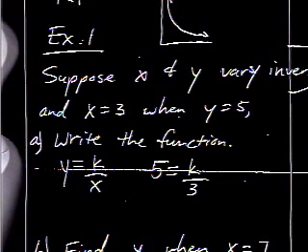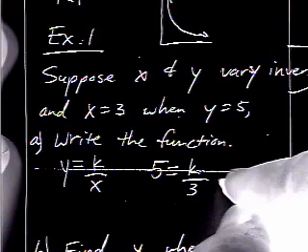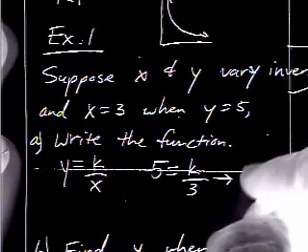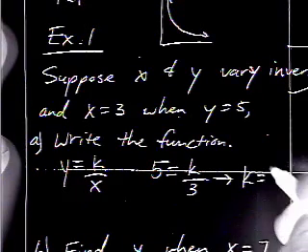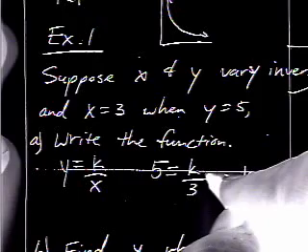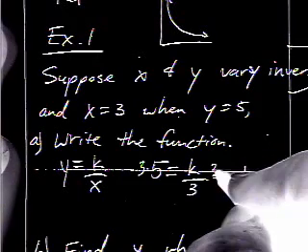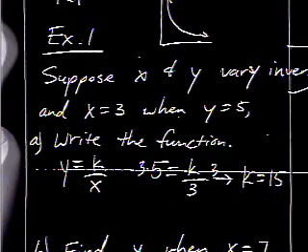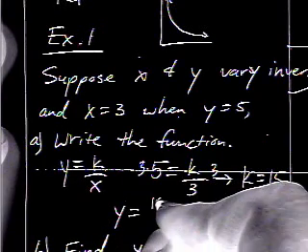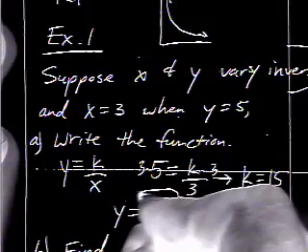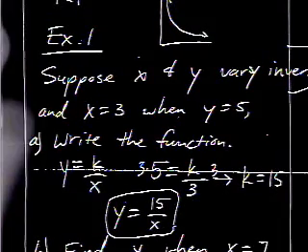It says write the equation, or write the function. In other words, they gave me enough information for me to find out that the k value is 15, right? I'm going to multiply both sides by 3. And when I do that, then I have enough information to write my final equation, y equals 15 over x.